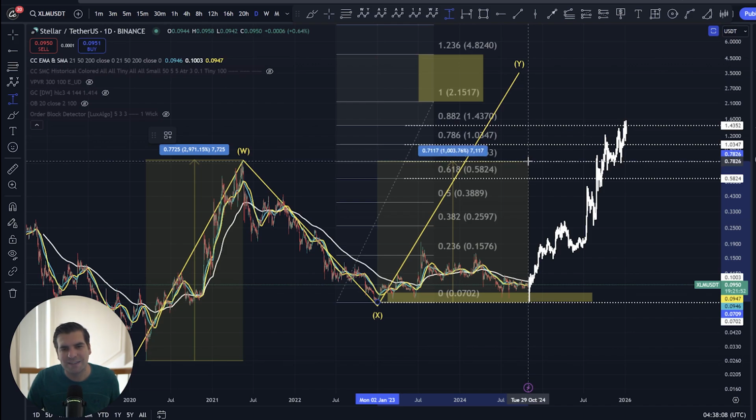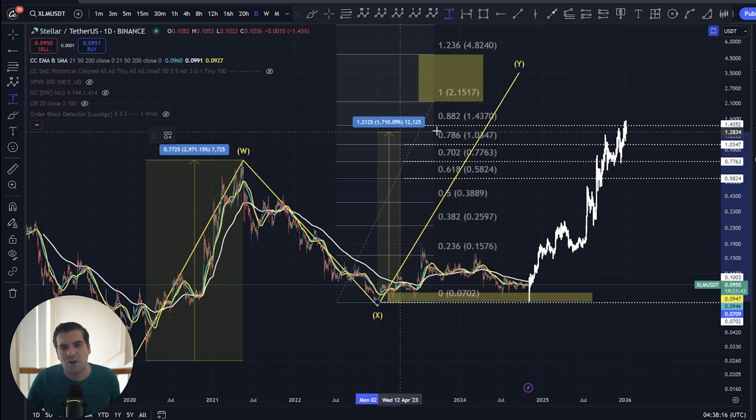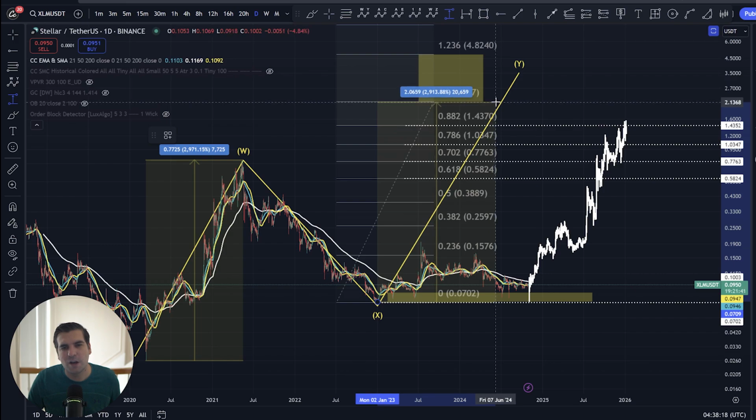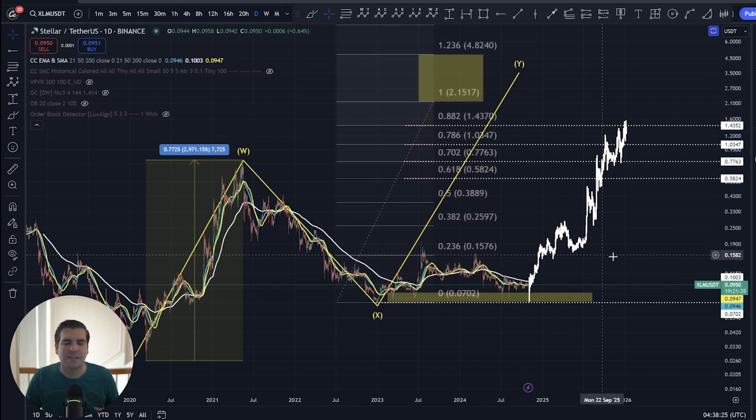We would be looking for about a 10x onto the 702, about a 13x on the 786, and a 20x on the 882. If we did get up to $2, we're talking about close to 30x, and up to $4, we're talking about 66x.